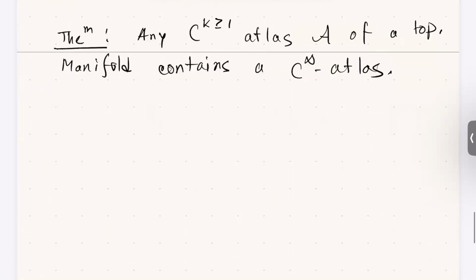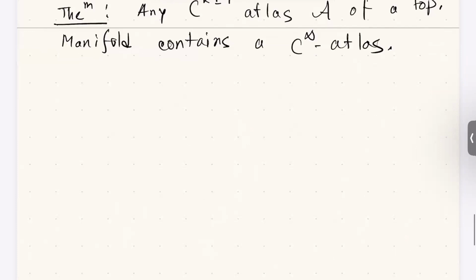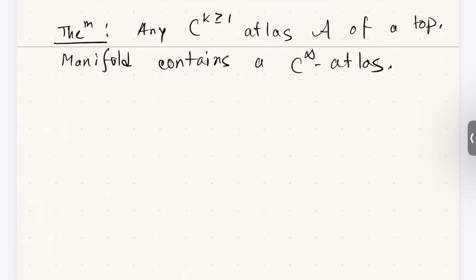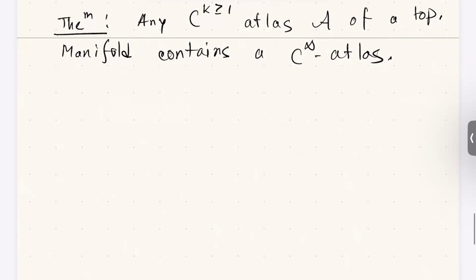Now the next thing we're going to define is what diffeomorphisms are. So far we know homeomorphism. That means when two topological spaces are homeomorphic, they are isomorphic in the sense of topology. But what about diffeomorphism? When do we say two manifolds are diffeomorphic to each other?